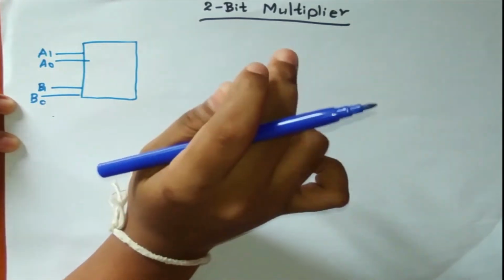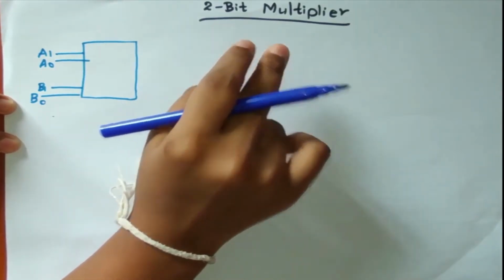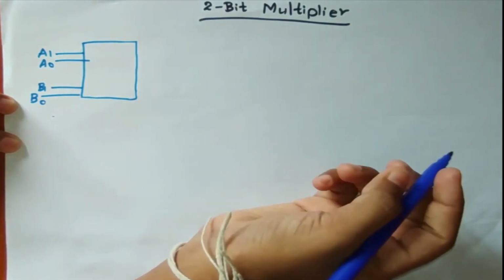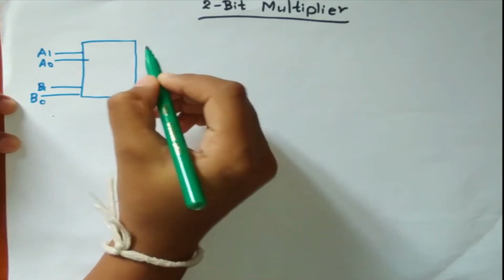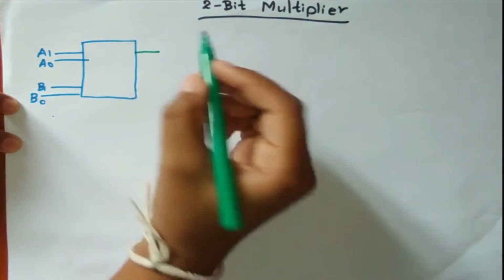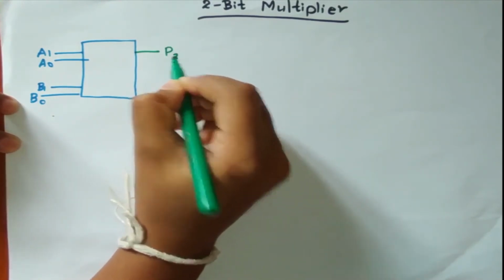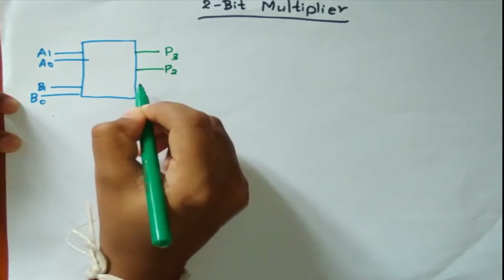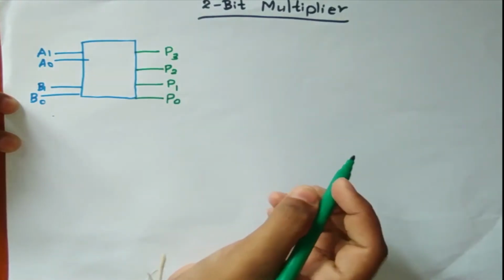So this is a multiplier of 2 numbers. Each number has 2 bits, so the output will be a 4-bit number. So there are 4 outputs, which are P3, P2, P1 and P0.